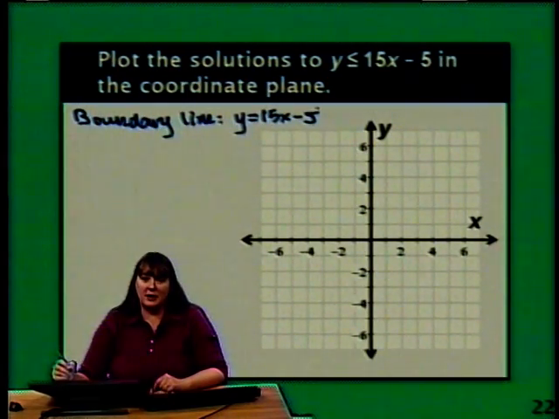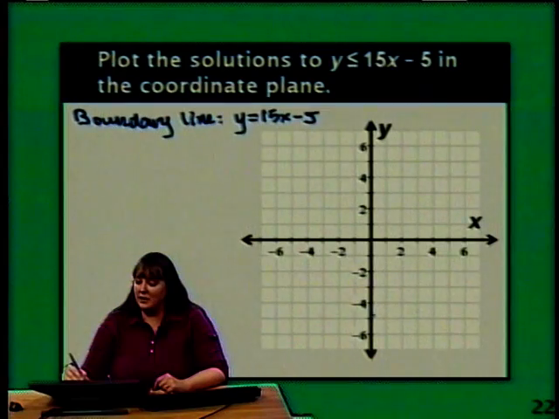So in this case, my y-intercept is (0, -5). The slope is 15. So if I start at the y-intercept (0, -5) and think of a slope of 15, in fractional form we could think of 15 over 1. So if I rise 15, I need to run 1.